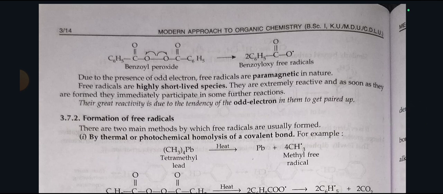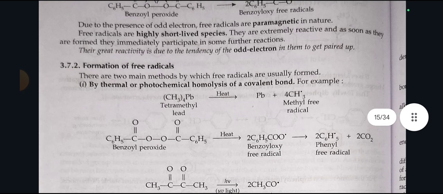C6H5C(=O)O–O–C(=O)C6H5, benzoyl peroxide, gives 2 C6H5C(=O)O•, benzoyloxy free radical.